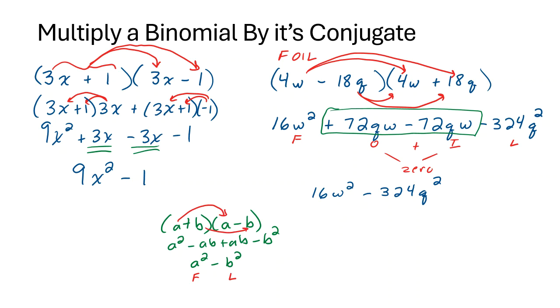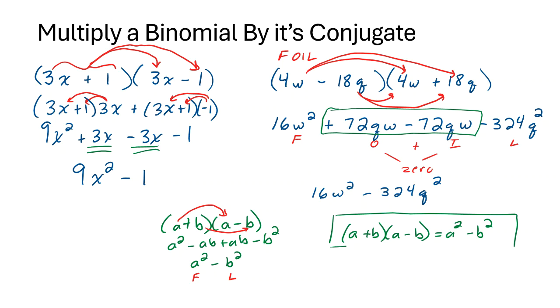Where did the OI go in the FOIL? Well, it added to be 0, and that only happens when you're multiplying something by its conjugate. So you can kind of memorize, or rather internalize and understand why anything times its conjugate is just a squared minus b squared.